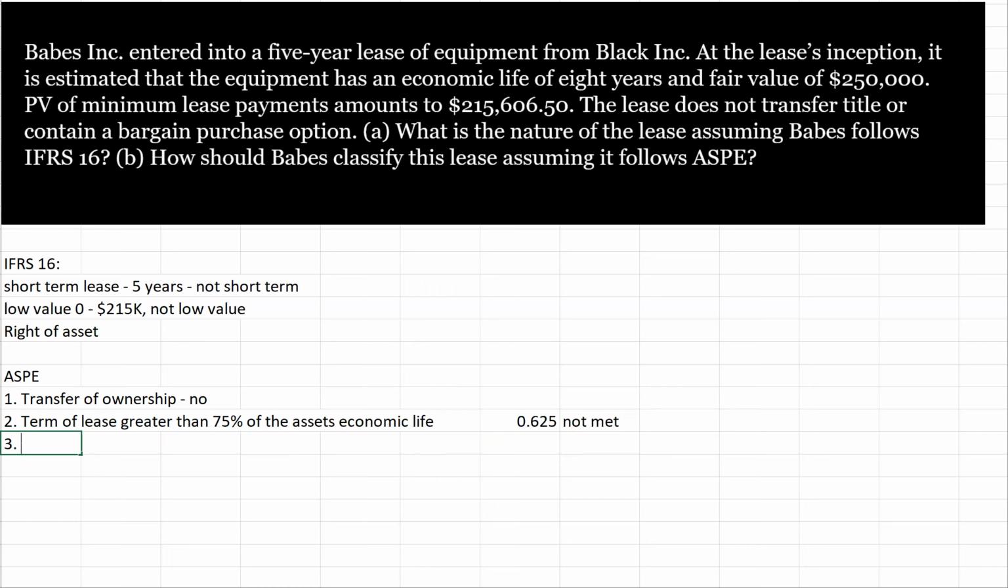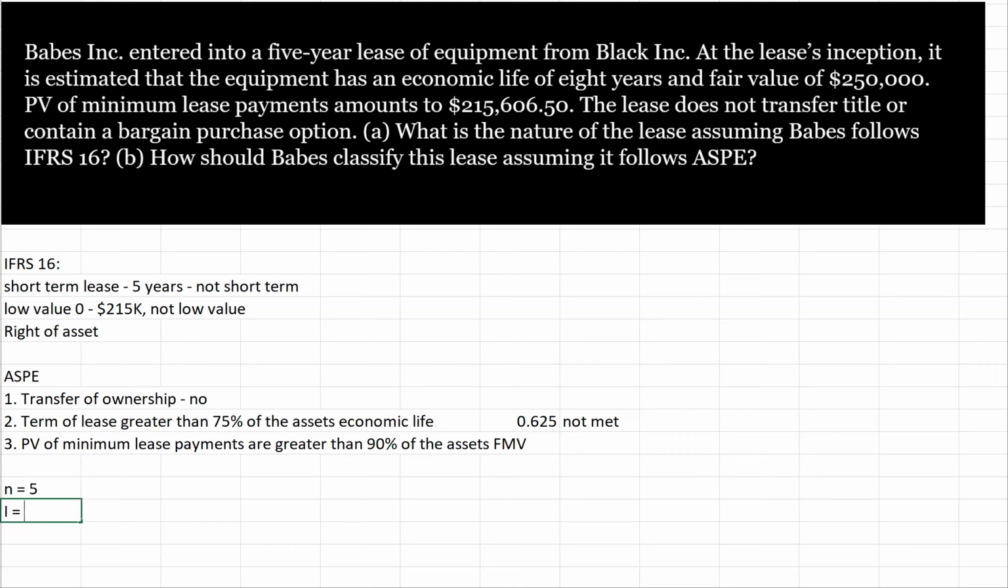And 3 is going to be whether the present value of the minimum lease payments are greater than 90% of the asset's fair market value. So let's calculate the present value of the lease payments. So we've got N is 5.